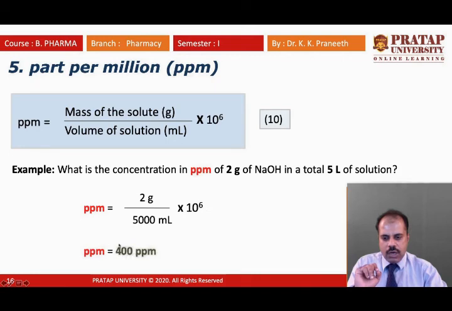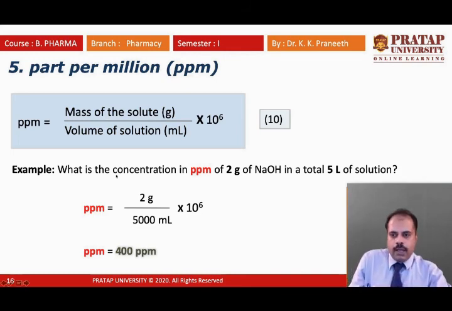You will get 400. What is that? 400 ppm. So there are 400 parts of sodium hydroxide present in the solution. This is how you can calculate the solution concentration using the concentration term parts per million.